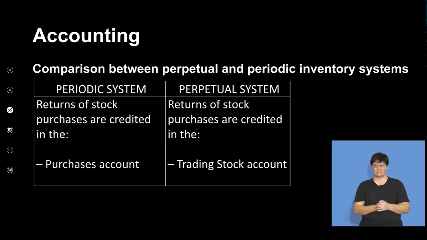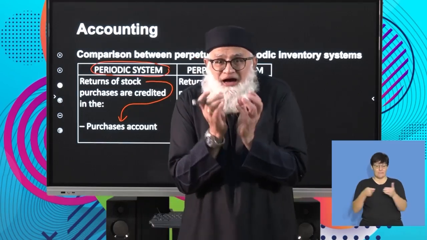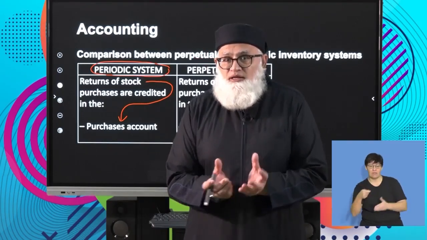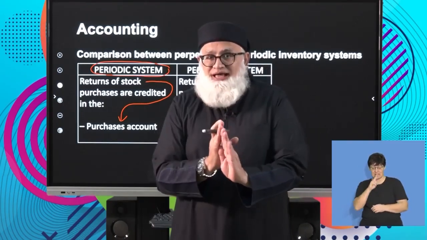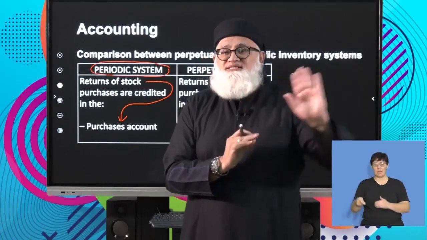Okay, let's look at this one here now. In the periodic system, the returns of stocks are credited in the purchases account. That means everything regarding the buying of goods comes into one account, namely the purchases account. So when you see periodic, immediately you know we're talking purchases account.